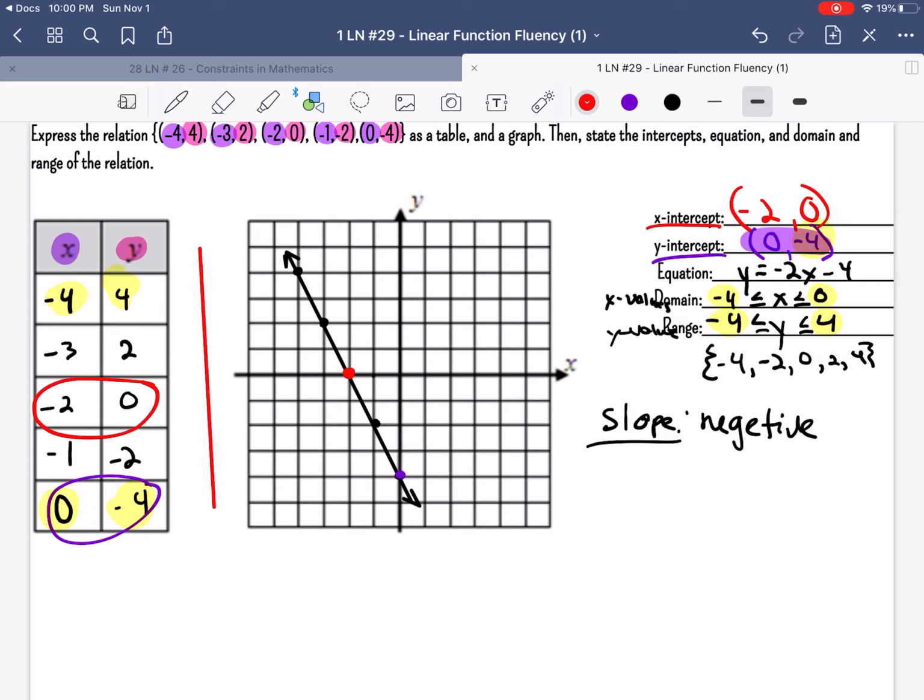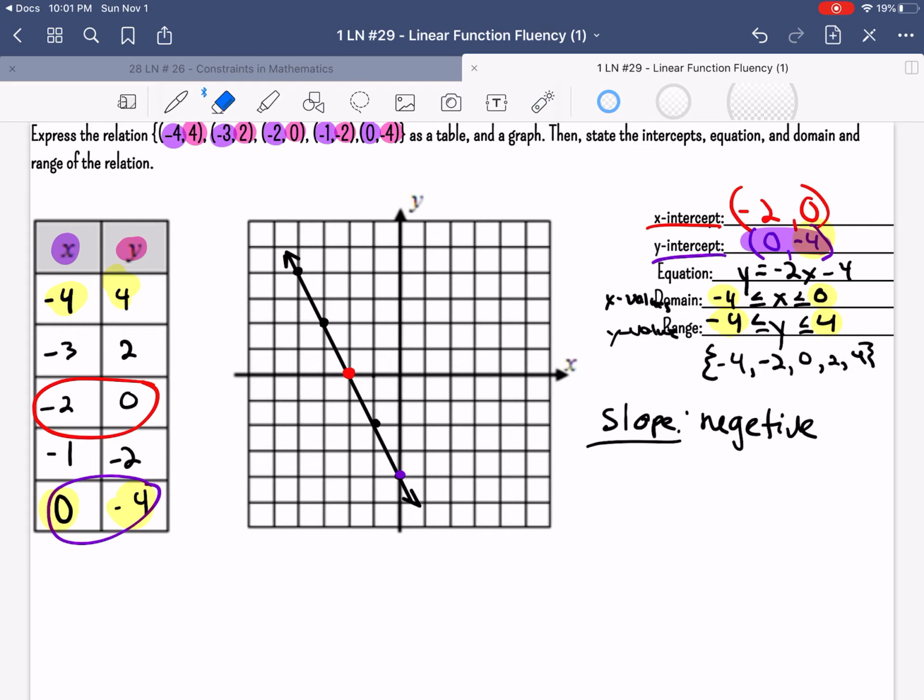Similar to the vertical line test, I always look and see, is the line going up or down when I go from left to right? And this is going down, so that's how I know it's negative. Sometimes, ever since I was in high school, I got confused with that, so I don't know if that trick helps anyone, but that's why I always tell you my weird little tricks.